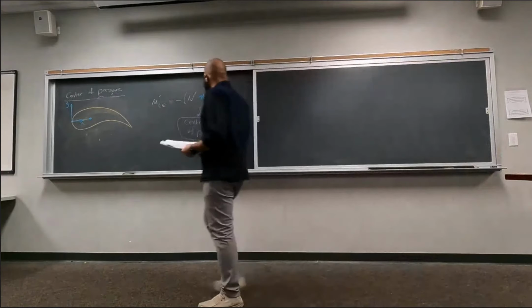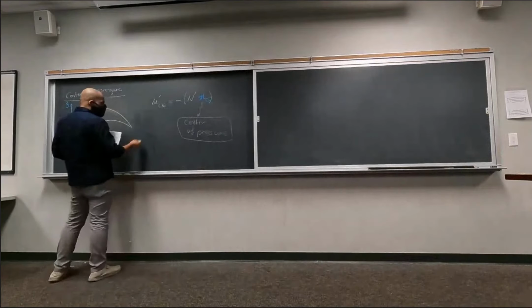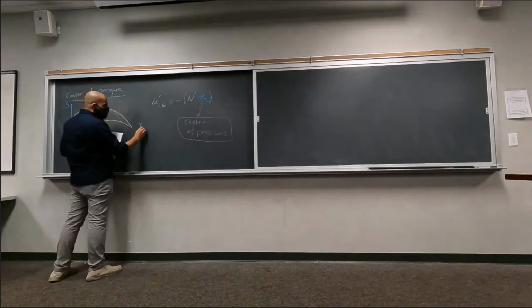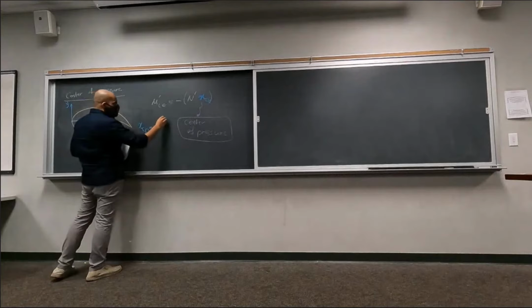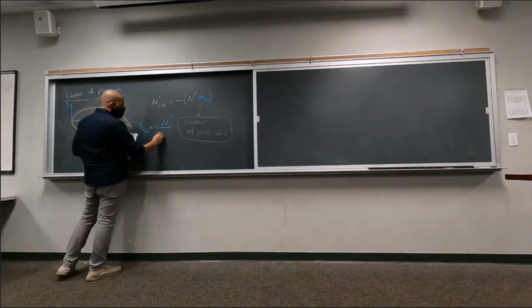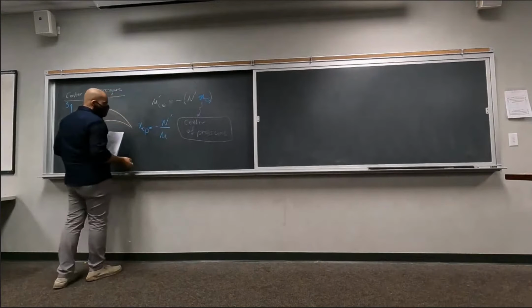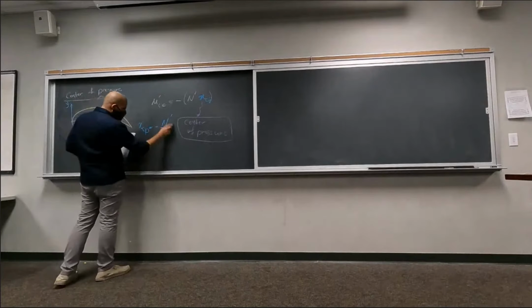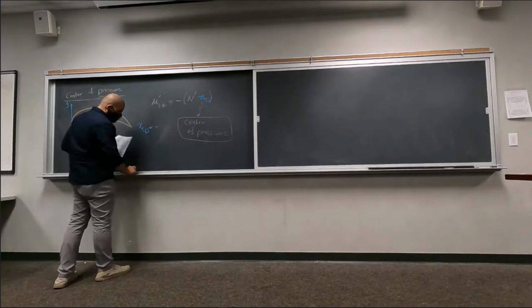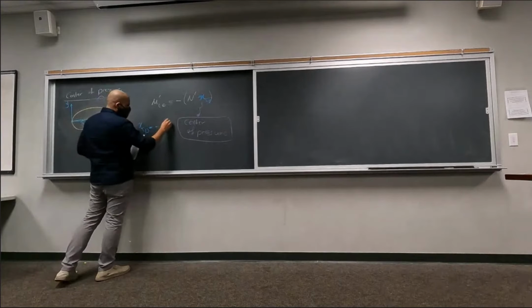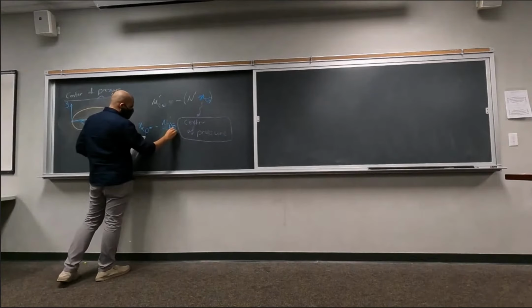Why is that the case? Let's take a look at the equation again. So we said x of Cp is equal to n prime over, m dot prime over n prime, right? M dot prime LE over n prime.